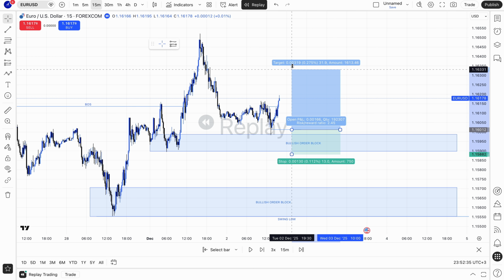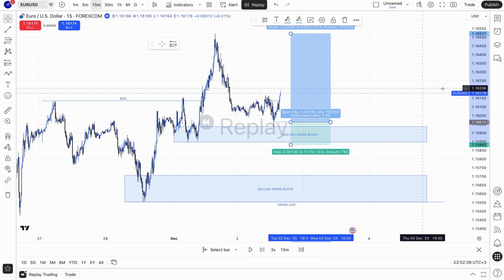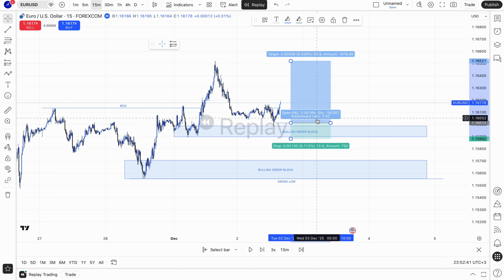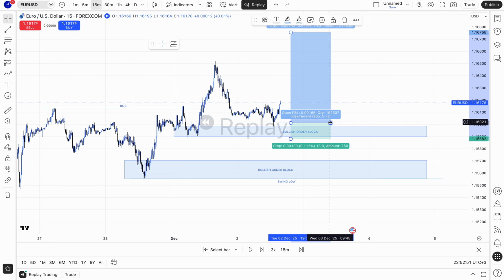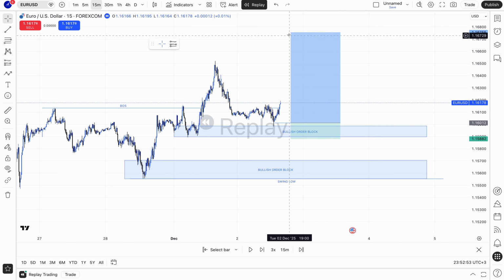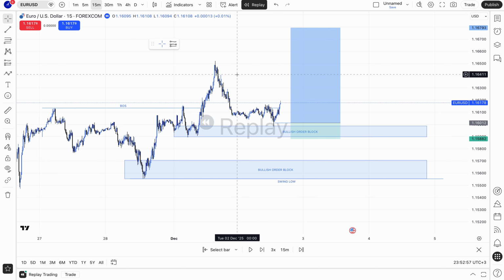So we had to target the next swing high, because this was our next swing high. But if you look here closely, we had 1 to 3 risk to reward. So we had to extend our take profit to 6R, which was there.